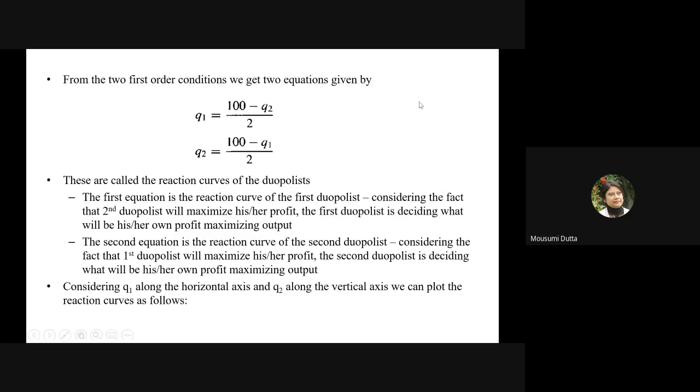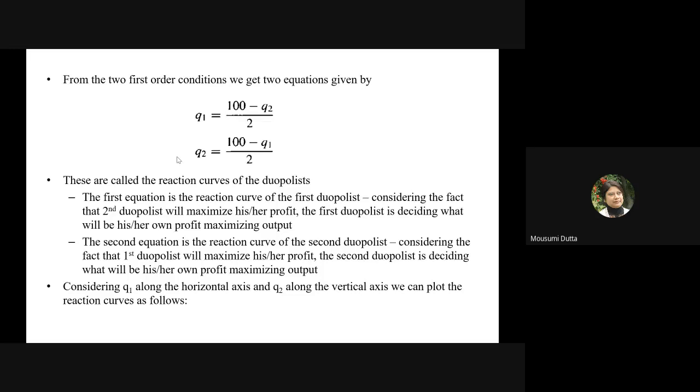So Q1 can be written as 100 minus Q2 by 2. Following the same logic, from the profit maximizing condition of firm 2, I can write Q2 is equal to 100 minus Q1 by 2.